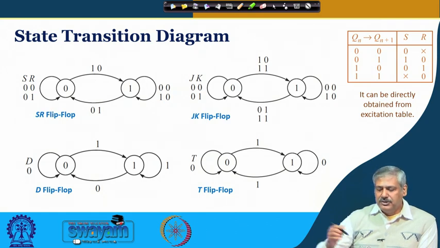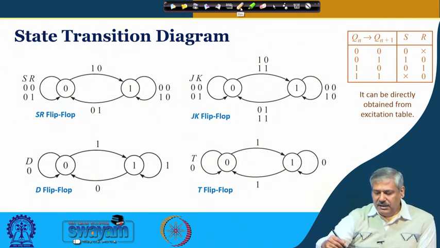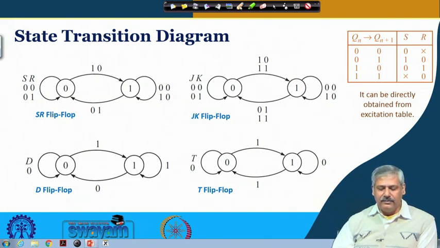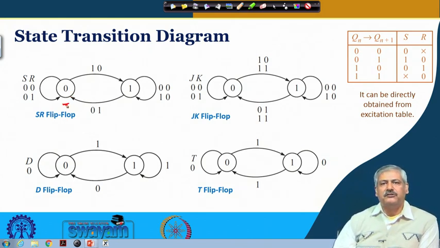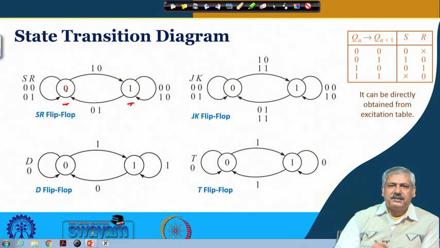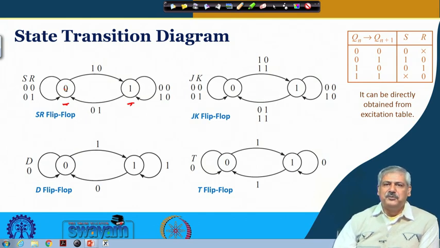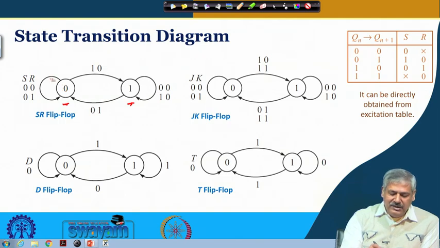Okay. So, if we look at the SR flip flop state transition diagram, this is one state with value 0, and this is another state, the current state described by 1. Now, when it is at state 0 and it receives the input 0 0, what will happen? It will remain in the same state.